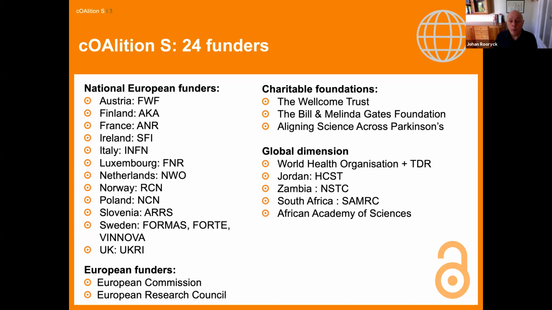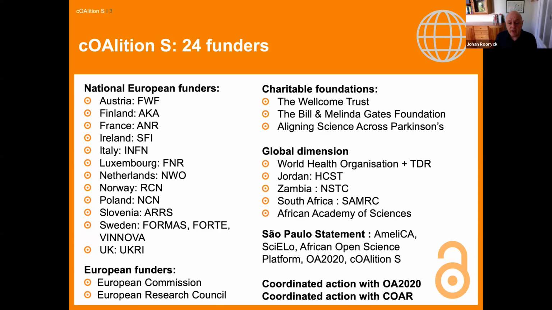We also have a more global dimension. The World Health Organization is a member of Coalition S. Jordan, Zambia, South Africa, and the African Academy of Sciences are members. We have also signed the Sao Paulo Statement together with Amelica, SciELO, the African Open Science Platform, and OA2020 to coordinate the transition towards open access and to coordinate policies.